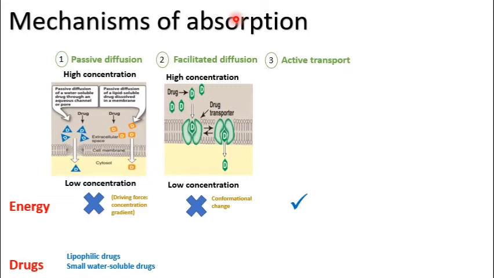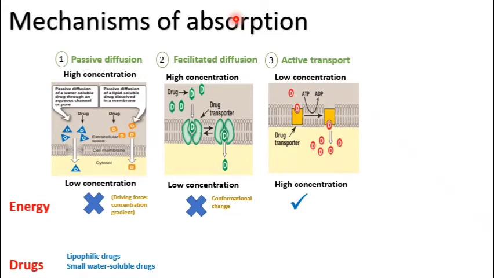The energy comes from breaking down ATP into ADP. This conversion from ATP to ADP is what makes the conformational change of the carrier occur.